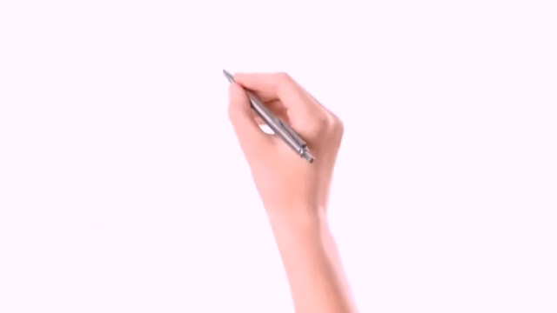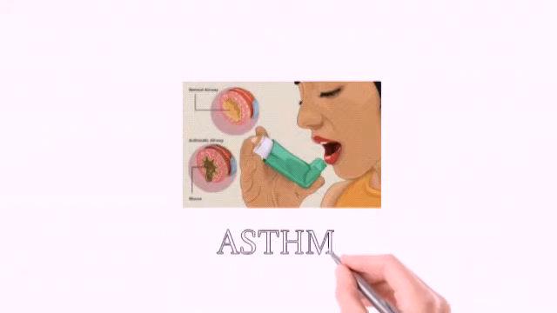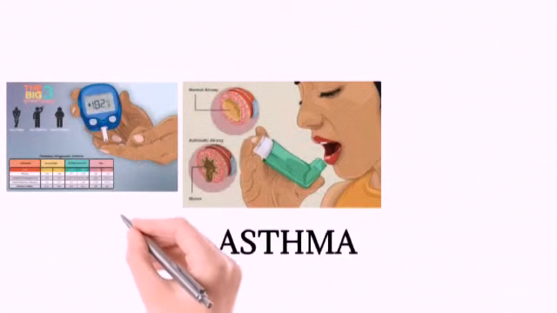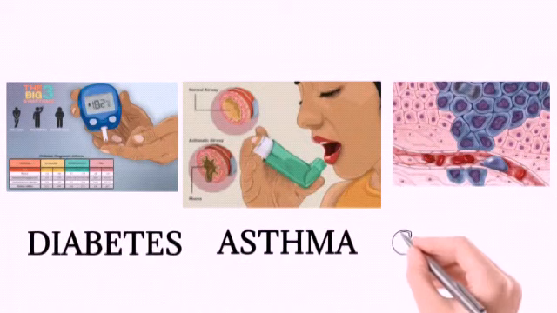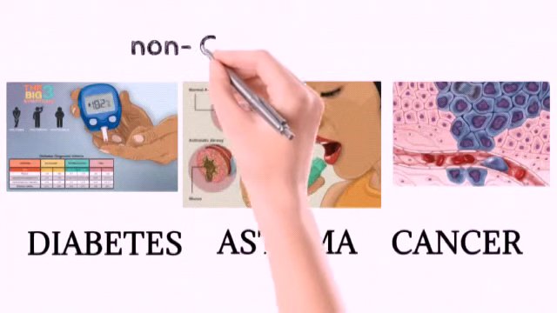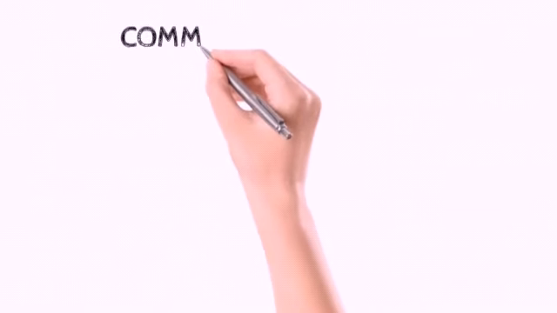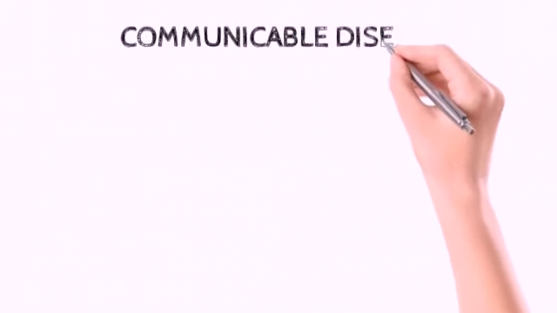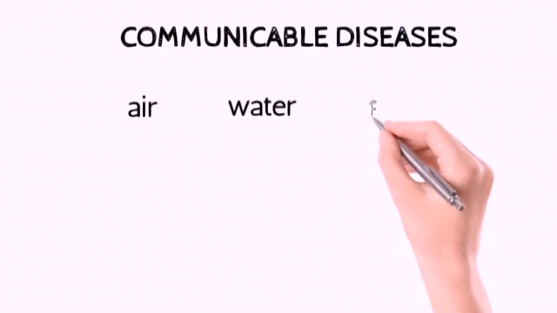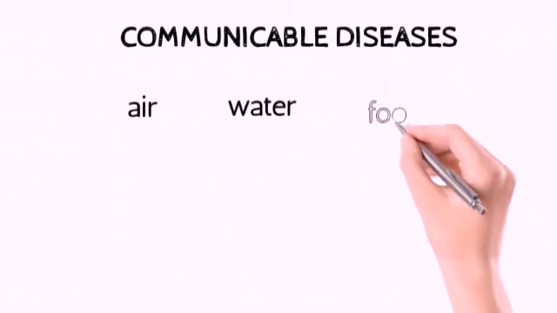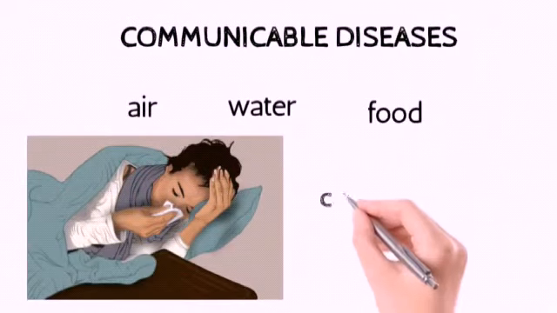Diseases such as asthma, diabetes, and cancer are non-communicable diseases and cannot be transferred from one person to another. While communicable diseases are transferred from an infected person to a healthy person by means of air, water, and food. Common cold is a very common example of communicable diseases.